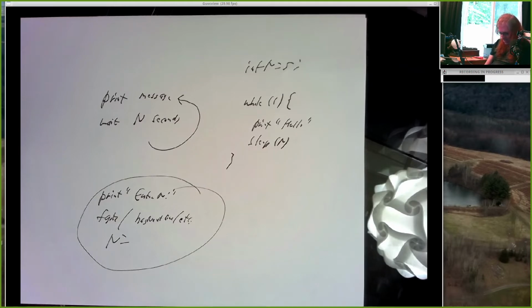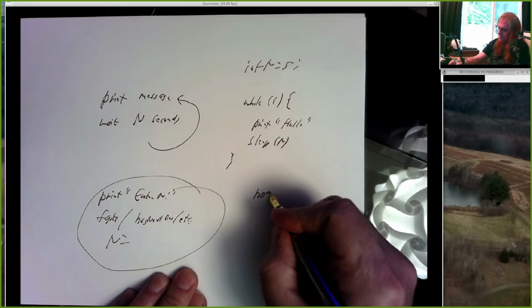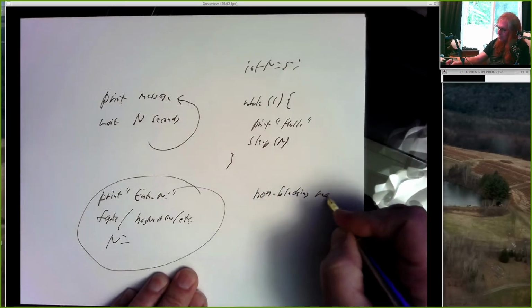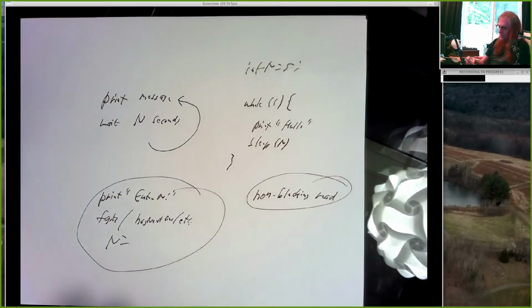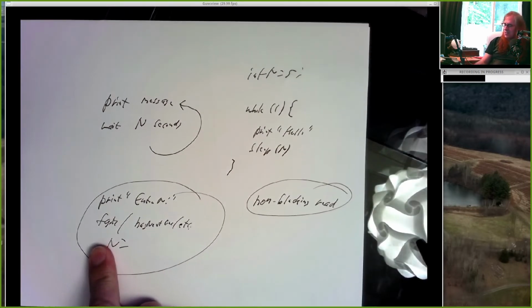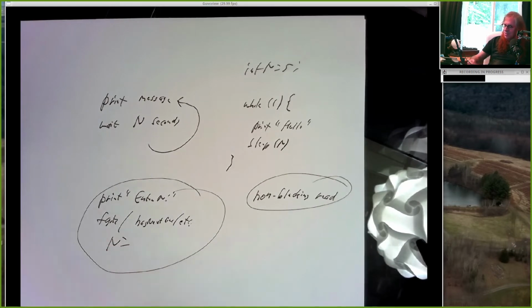And so there's one kind of kludgy way to do this, which is to use something called a non-blocking read. This would be a different version of fgets that would ask the question, hey, has the person typed something in?